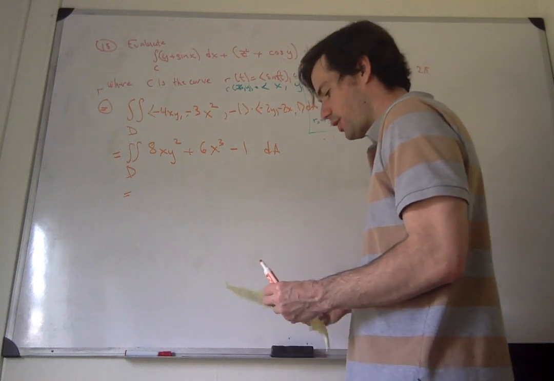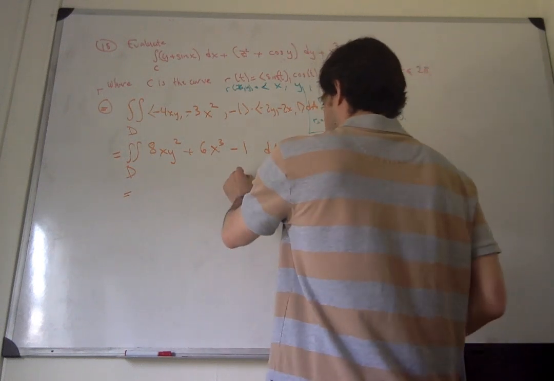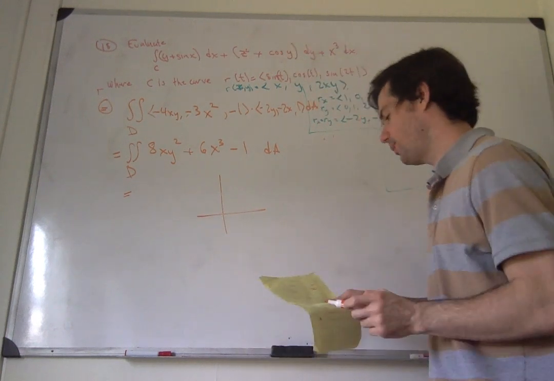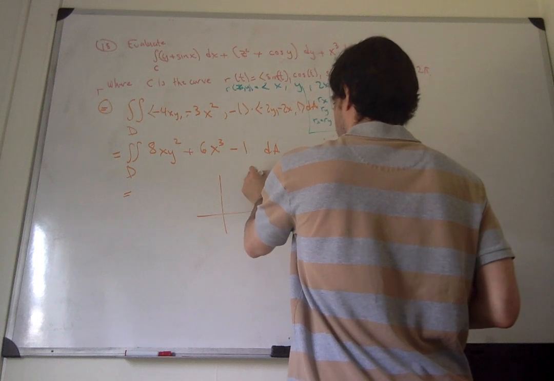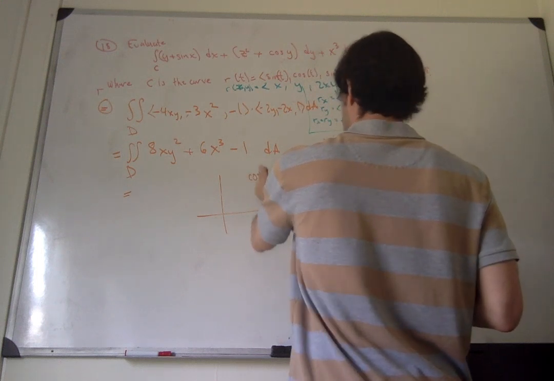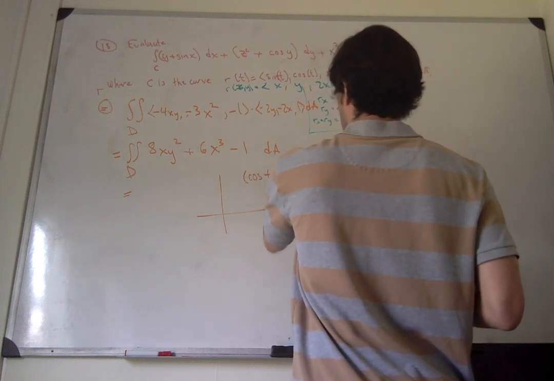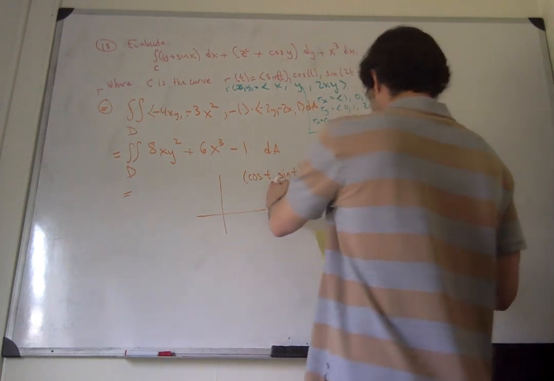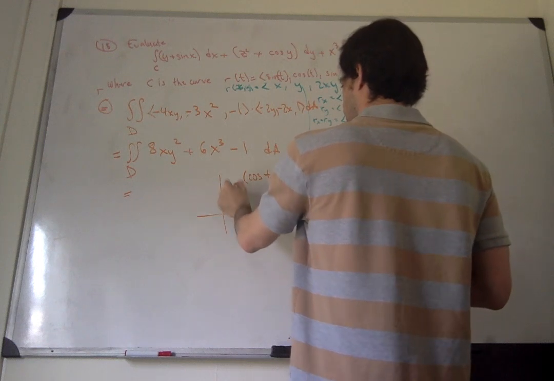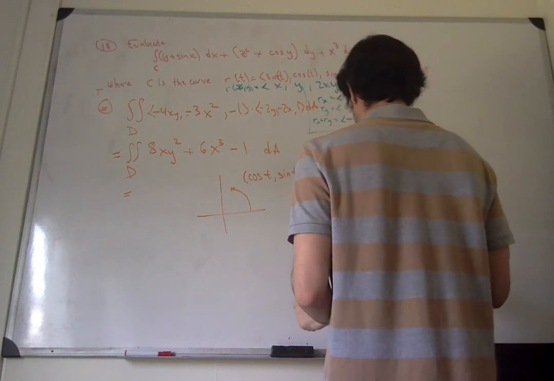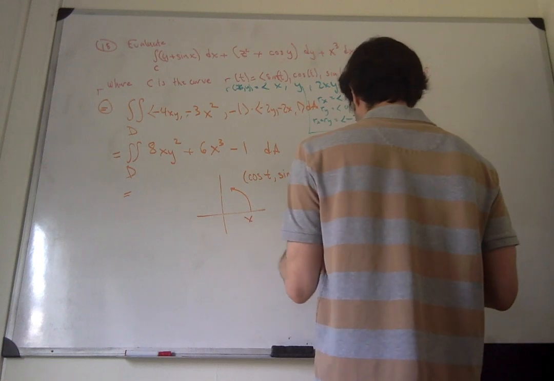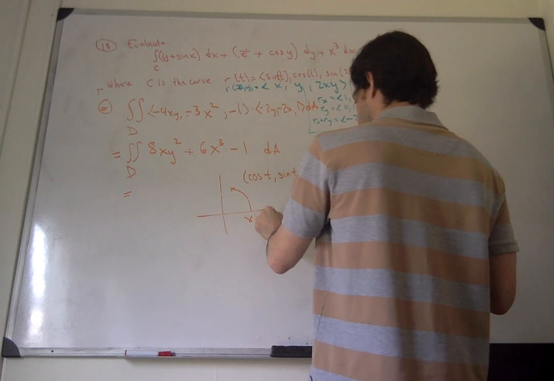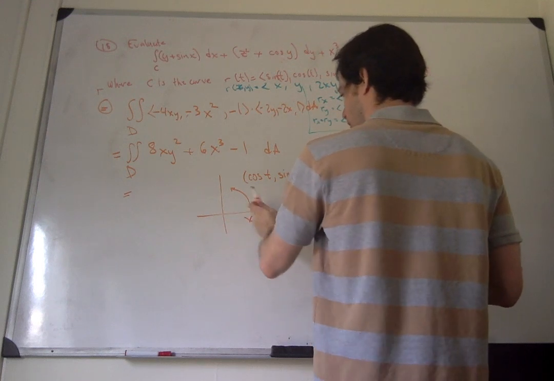So let's think about our usual circle, right? So our usual circle is going to have cosine t and sine t, and when t increases, the circle is going to trace in that direction. So as t increases, the horizontal component, the x component, is going to decrease because you're moving in this way.